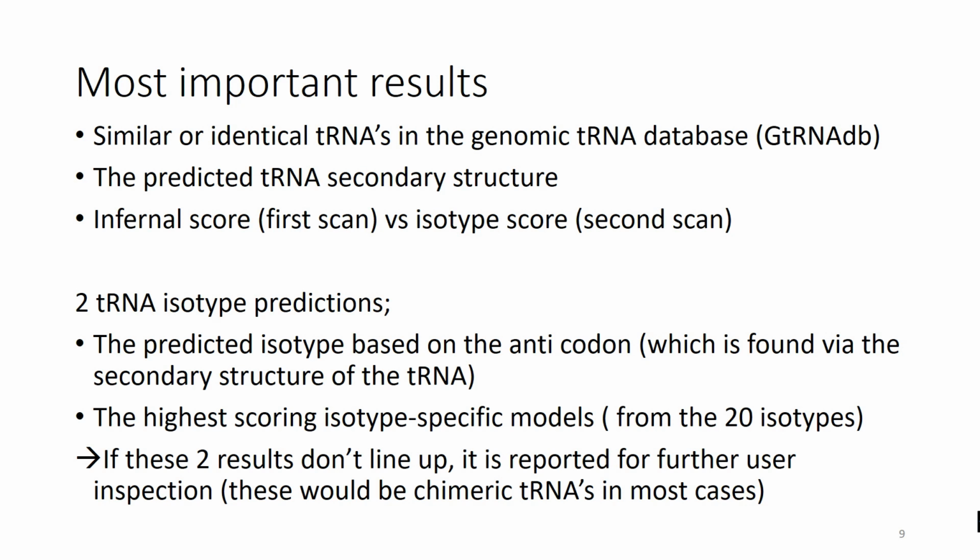During this scan, all 20 isotype-specific covariance models are used, and the highest scoring one is considered as the correct isotype of the tRNA. If these two isotype predictions don't line up, it's reported in the results for further user inspection. In most cases, this is caused by chimeric tRNAs which have a point mutation in their anticodon.